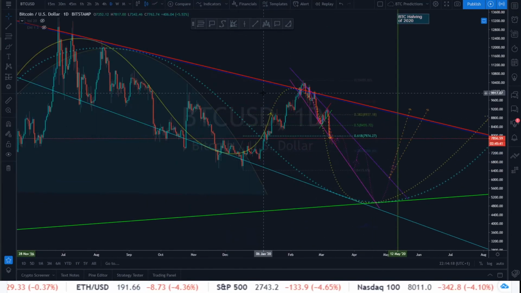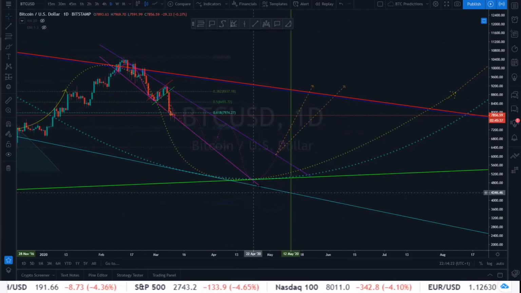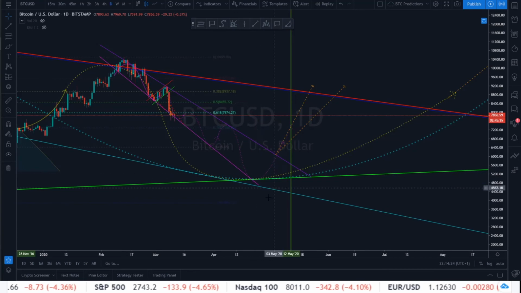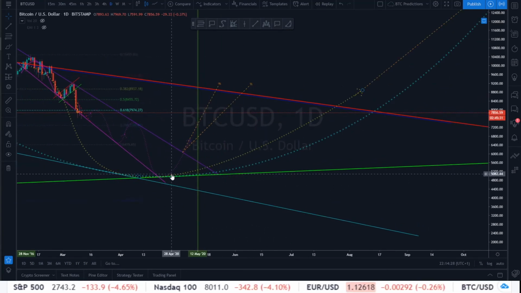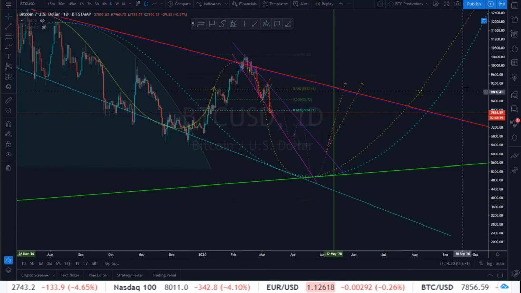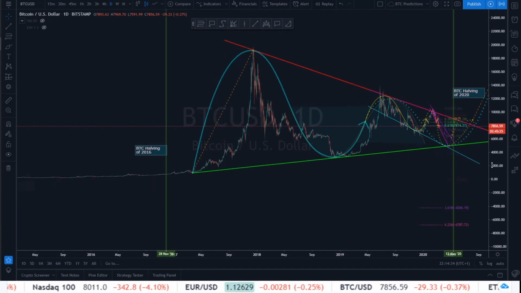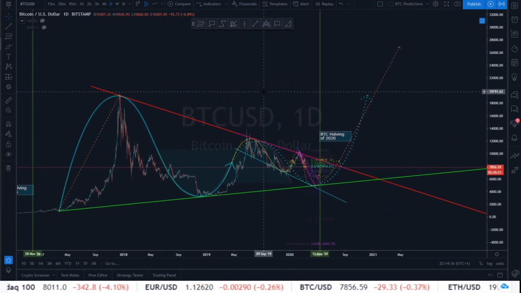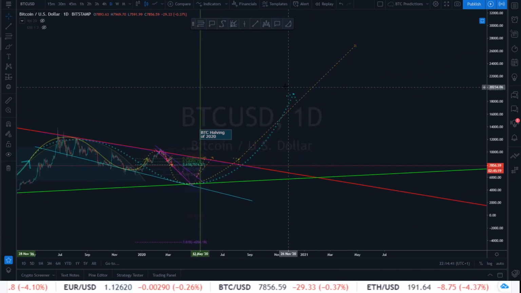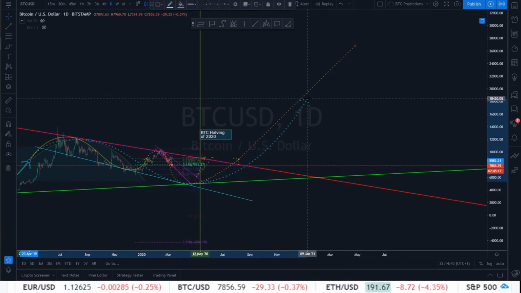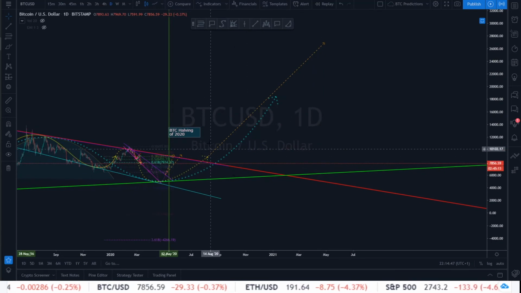It's a possibility, although of course I'm hoping that it's gonna find support at the main support pattern, the symmetrical triangle, and then as you can see here, we are hoping that's going to break out here.